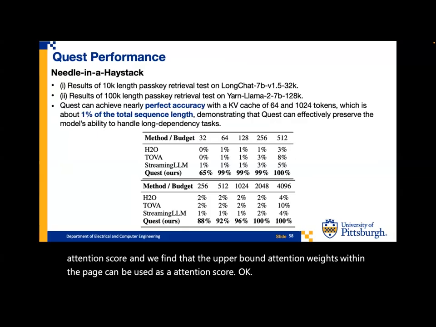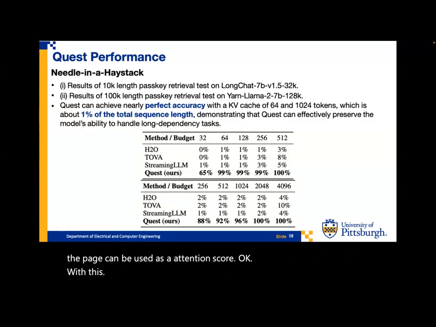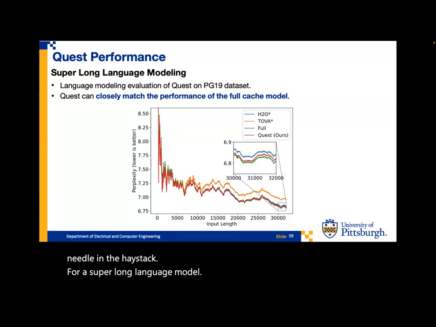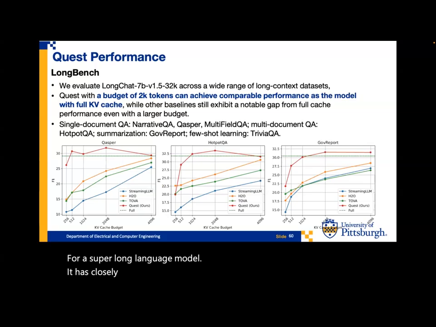With this method, we find that it can achieve nearly perfect accuracy for finding the needle in a haystack. For a super long language model, it has closely matched performance to the full cache model.